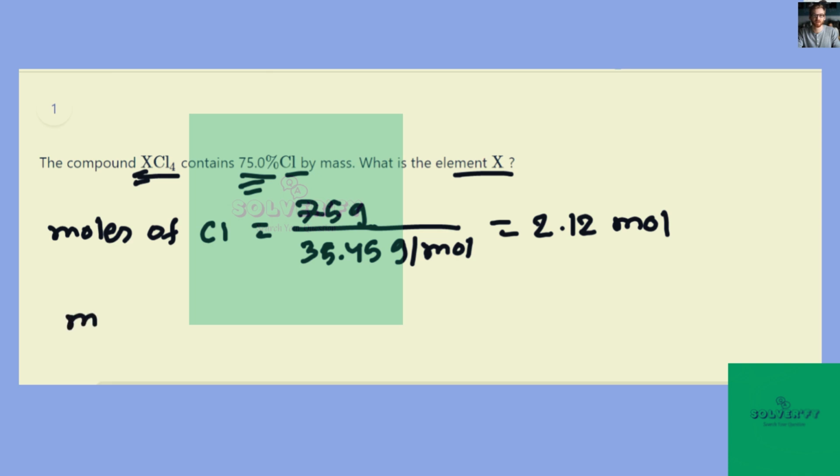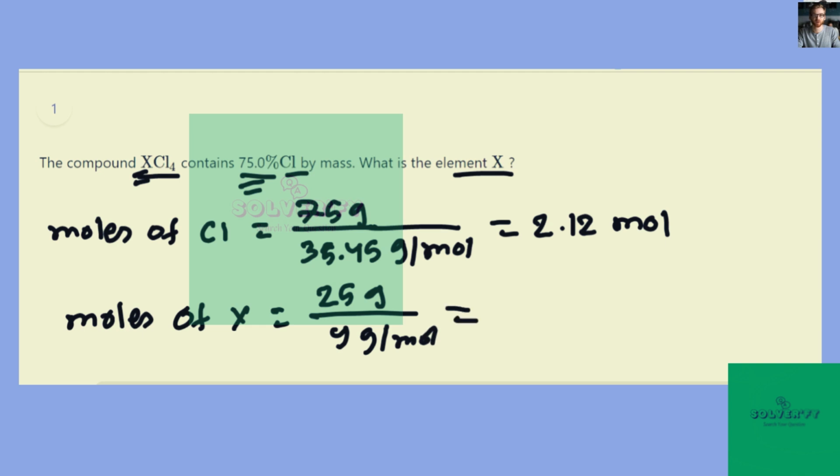That means moles of X will be 25 gram over the molar mass of X, which we do not know. So we will assume it as Y gram per mole, and we will assume the number of moles as Z mole.